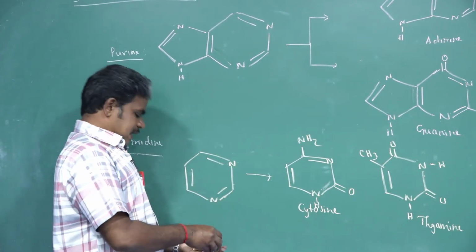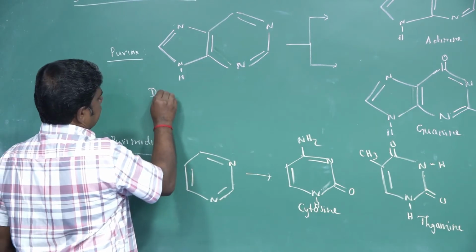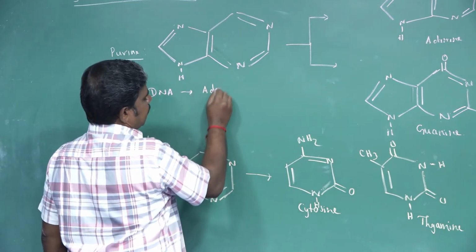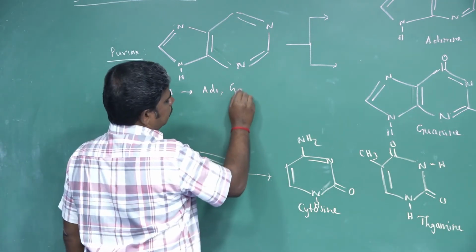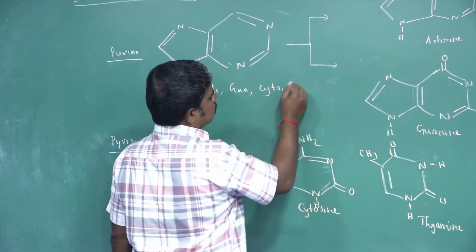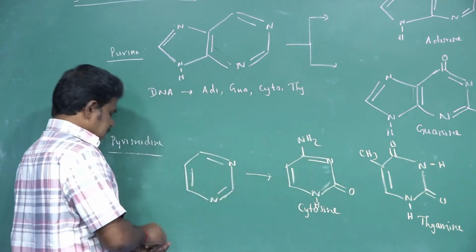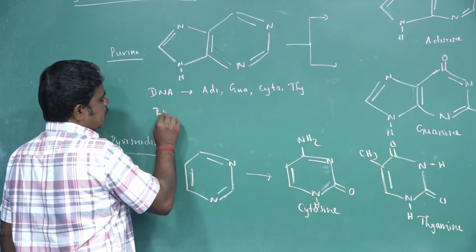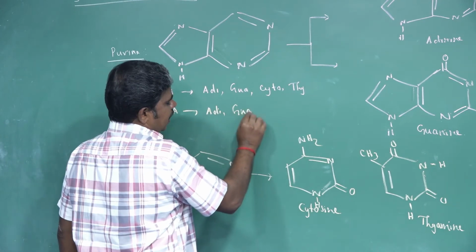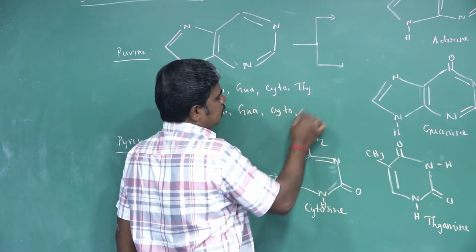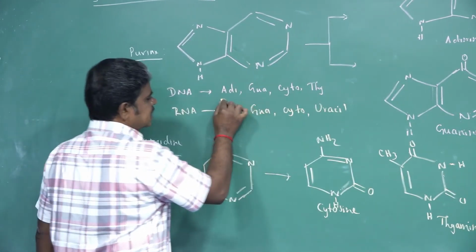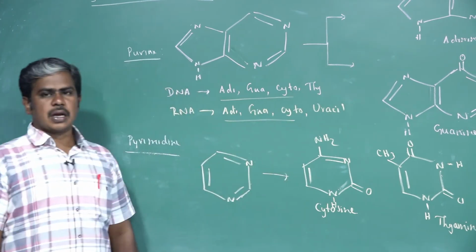DNA contains adenine, guanine, cytosine, and thymine. RNA contains adenine, guanine, cytosine, and instead of thymine it has uracil. So these three are common in DNA and RNA.